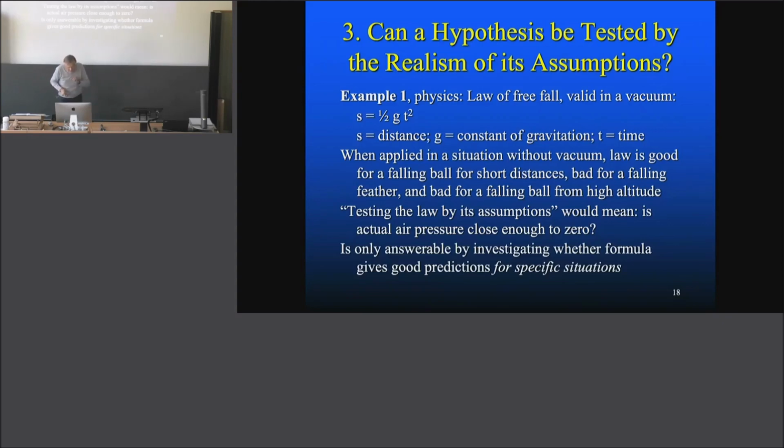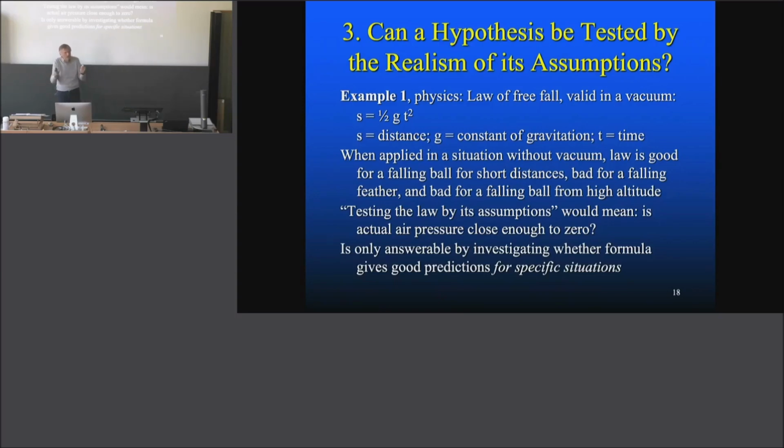And there he says, this question, whether for 1 meter of fall the air pressure can be neglected, can be put to 0, is only answerable by investigating whether the formula gives good predictions for specific situations. So you cannot ask abstractly, well, is the air pressure close enough to 0?